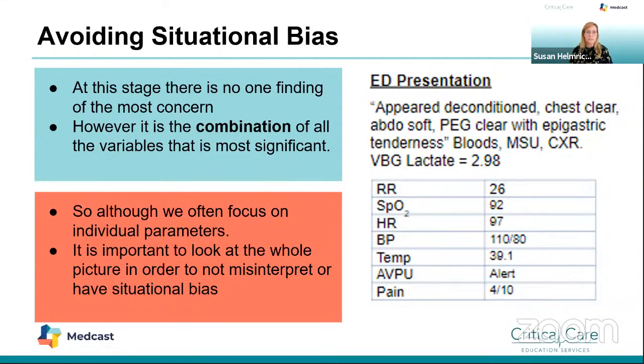We know that 20 is within normal parameters, but 22 is reason to escalate. It's an area of concern. So the fact that her respiratory rate is elevated now is of concern, particularly with that drop in her oxygen level. But what about the epigastric tenderness and the lactate and the temperature? How do they all fit into the equation? So let's have a look.